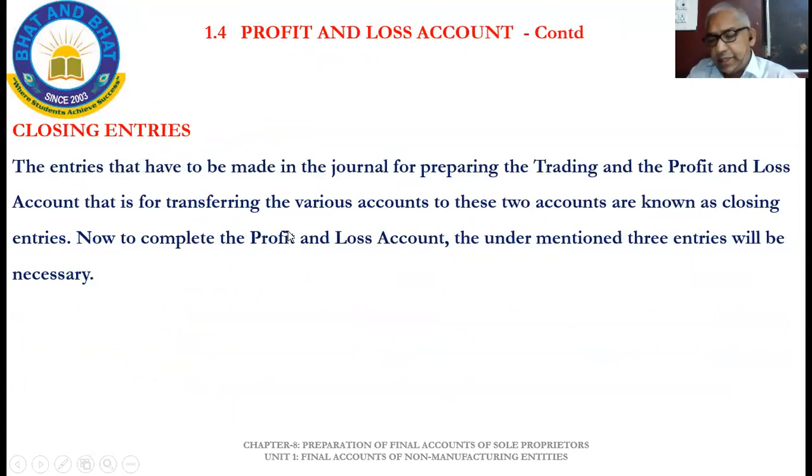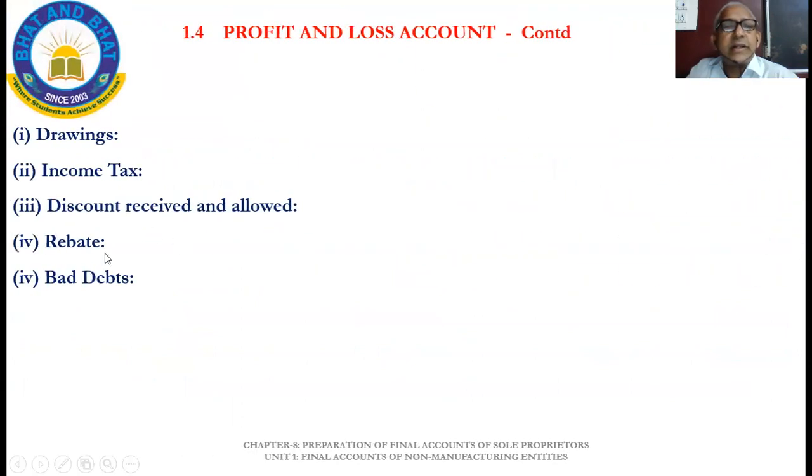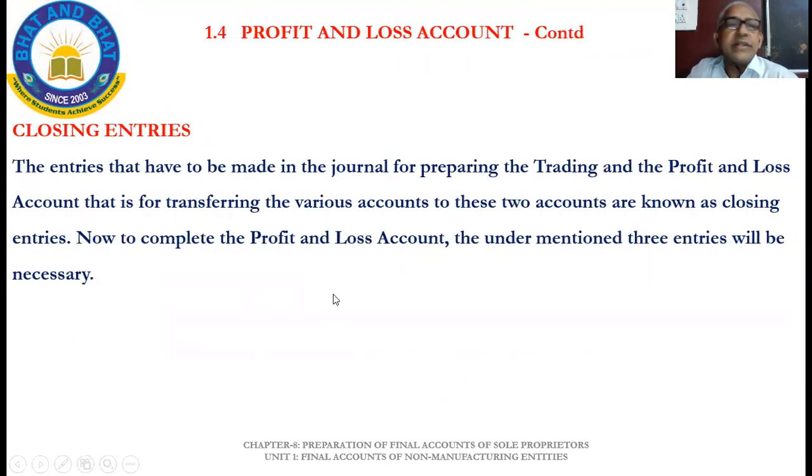Those will be taken in appropriation account. Another appropriation account will be there, or it will be shown in the balance sheet itself. That will be deducted from the capital. If drawings, these will be deducted in the capital. Income tax payable or paid. Paid will be shown in the profit and loss account generally. Business income tax provision will be deducted in the capital. That you will see in the next.